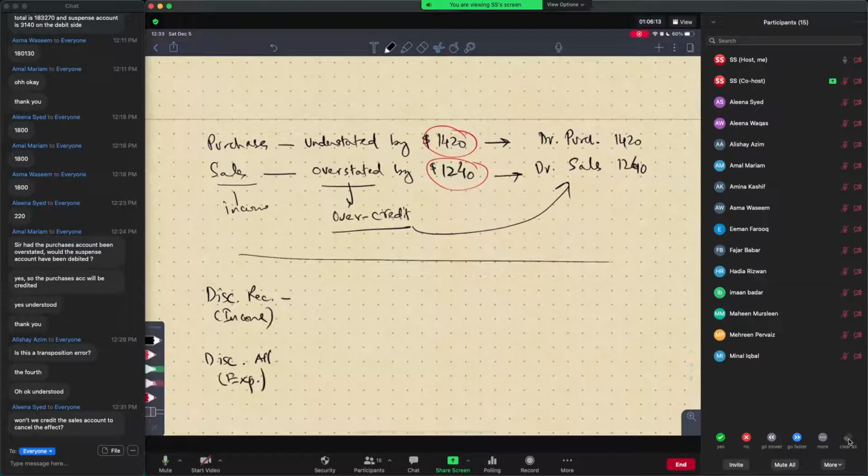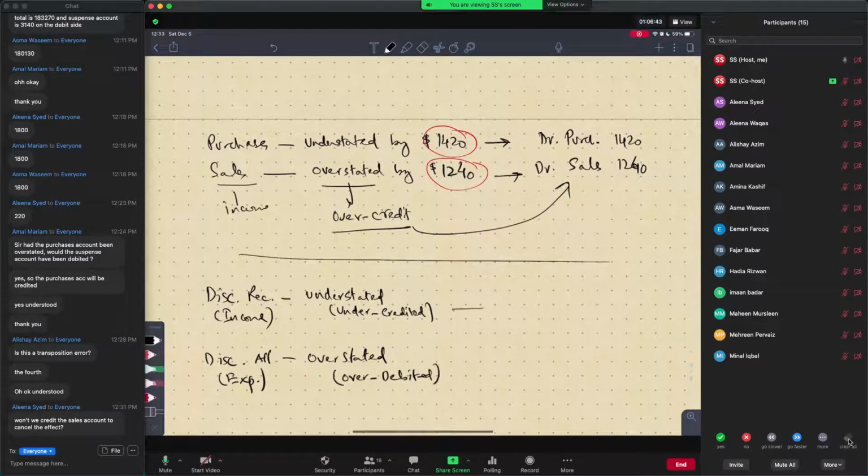So if we simplify this error, we could say that discount received is understated, and discount allowed is overstated. Understated means undercredited because it's an income, and overstatement here means over debited because it's an expense by nature.